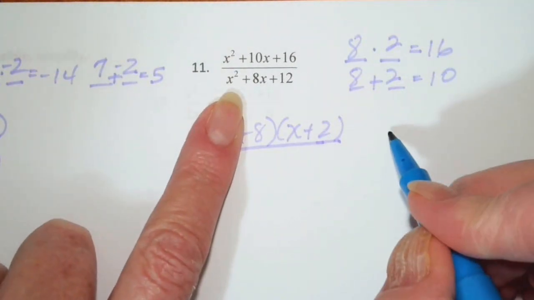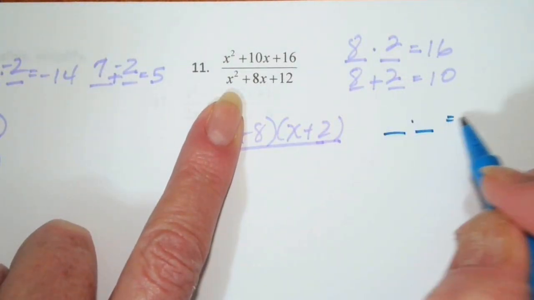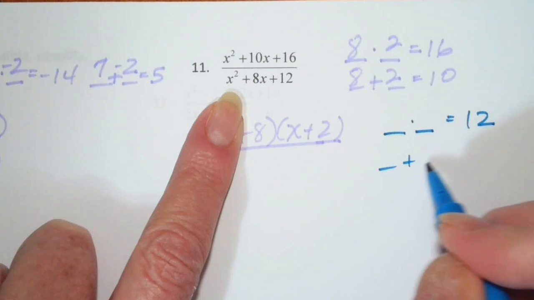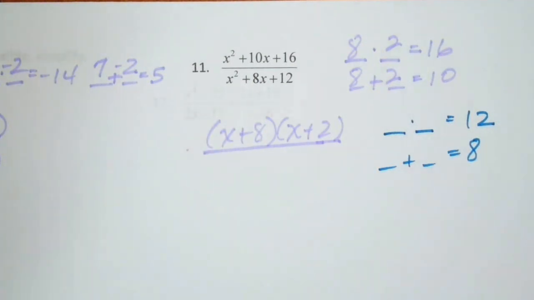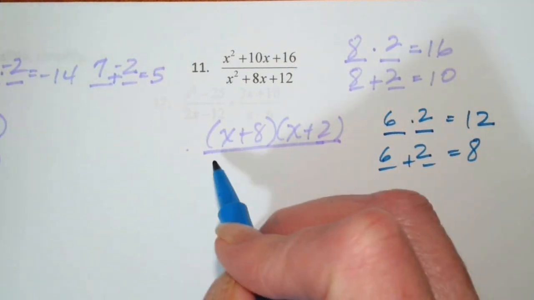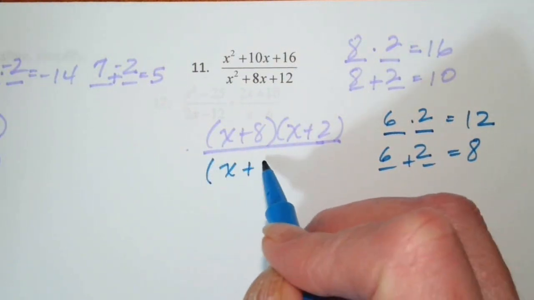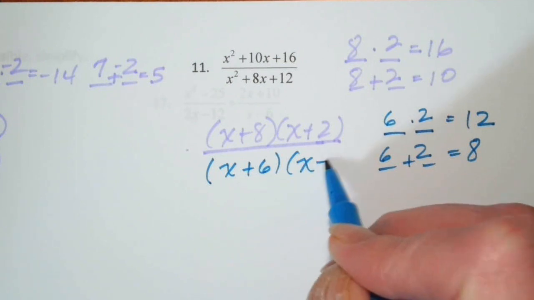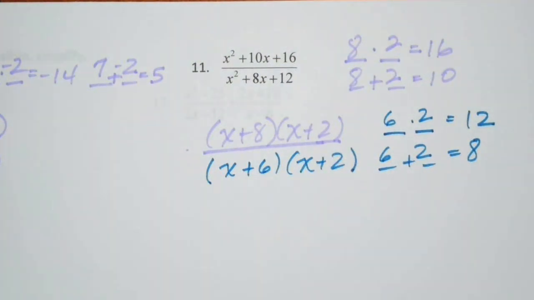In my denominator, I'm looking for 2 numbers whose product is 12 and whose sum is 8. And I think those are 6 and 2. So this factors into x plus 6 times x plus 2.